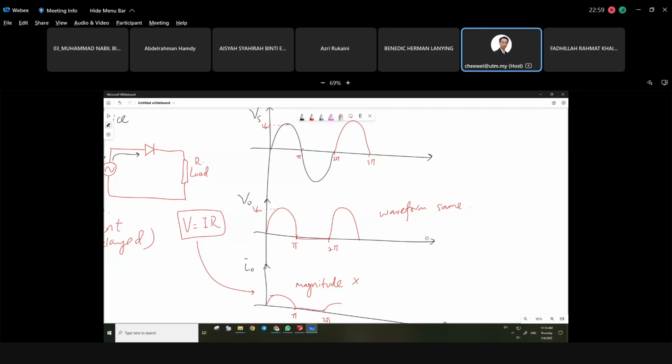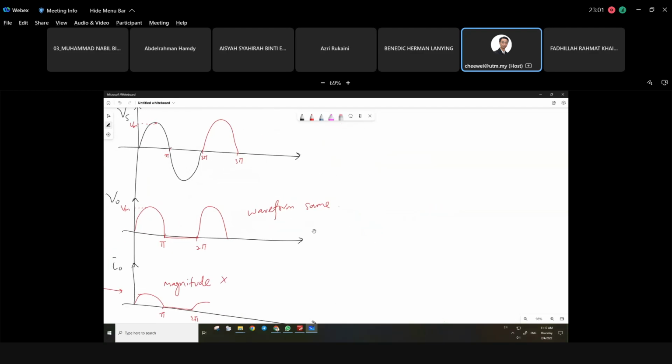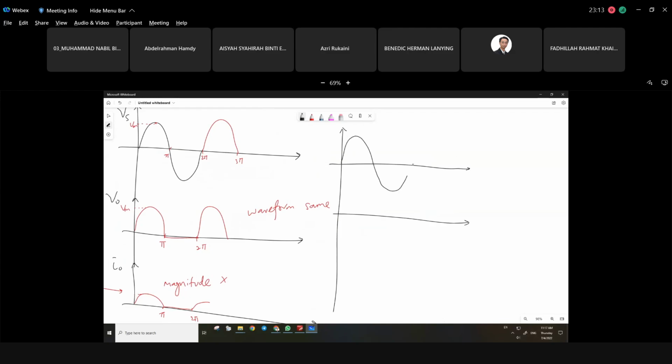RL load, what do you expect the waveform to be? Can you draw it? If this is Vs, what about the V out? And we start with I out first.